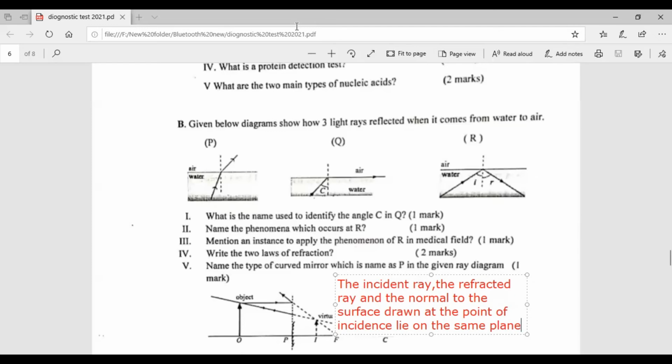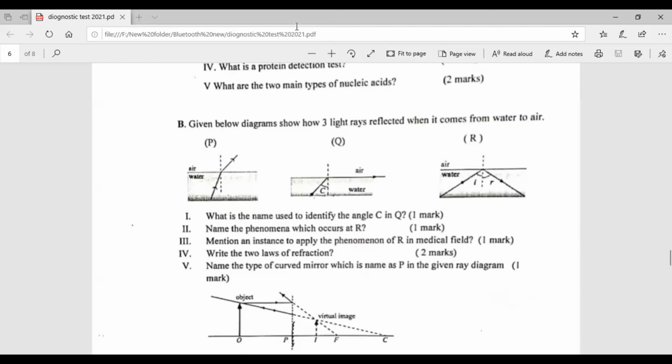The next one, write down: when light refracts from one medium to another medium, the ratio of the sine of the incidence angle to the sine of the refracted angle is a constant that depends only on the two media.